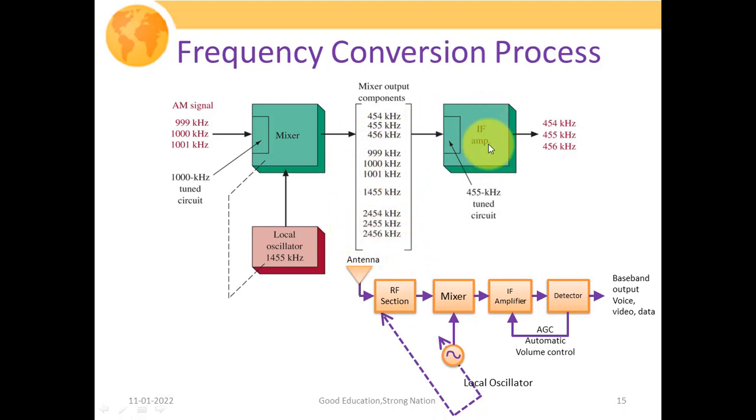So at the output of the intermediate frequency amplifier, we have 454, 455 and 456 kilohertz, which is the amplified outcome of the IF amplifier, and that signal will then pass through the detector circuitry, and at the detector output we get our baseband signal or voice signal as an outcome. So hopefully you have got the idea about the frequency conversion process in the superheterodyne receiver.